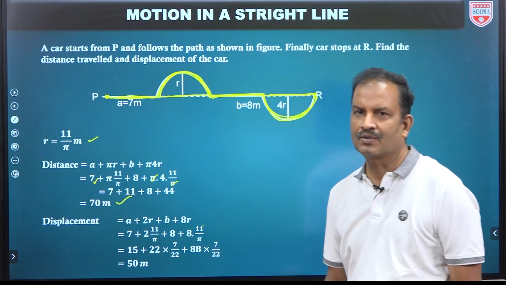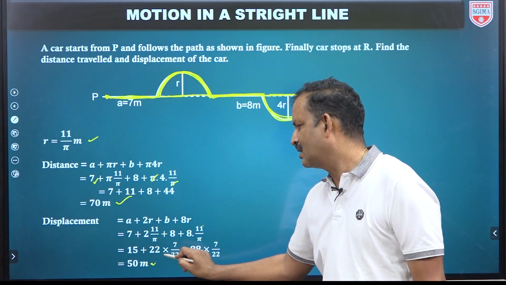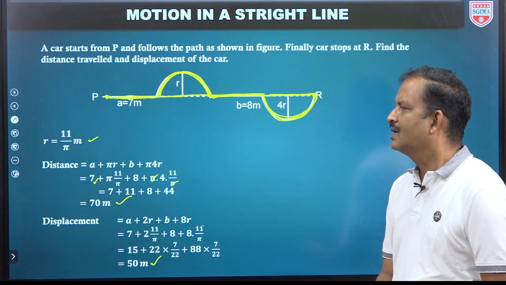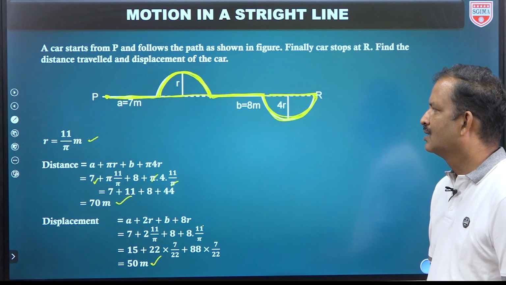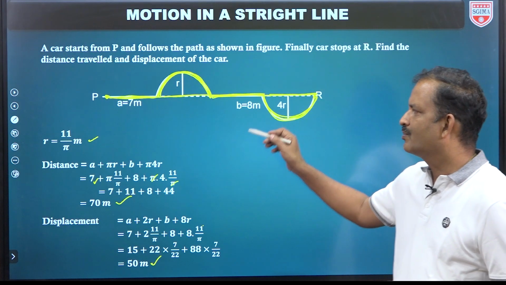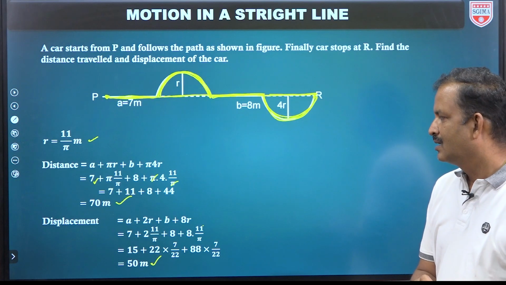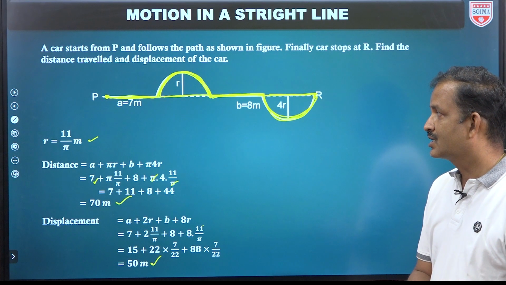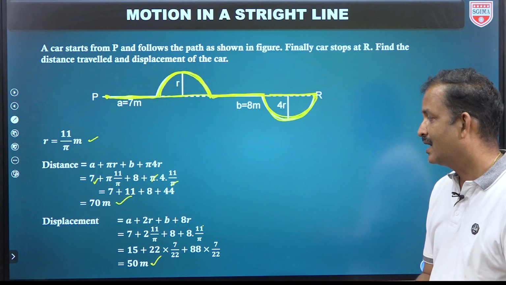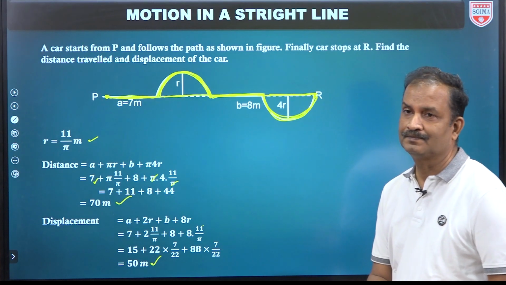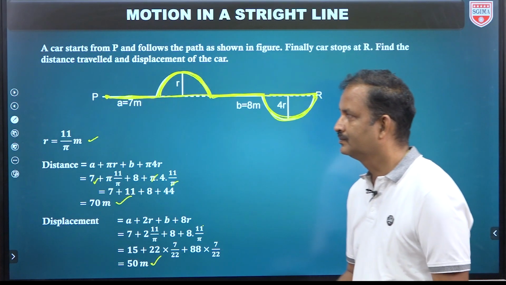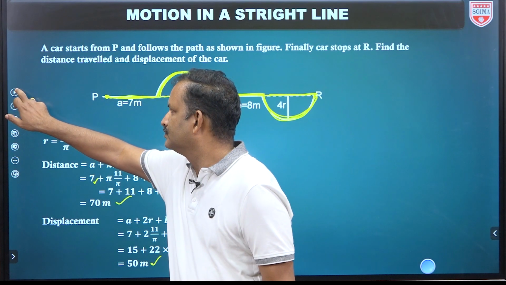If you substitute, you will get 50 meters as the displacement. So, if you calculate the length of the path, you get the distance. If you calculate the shortest distance, you get the displacement. Okay.